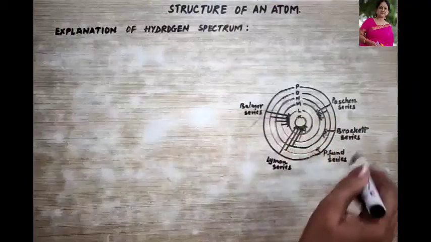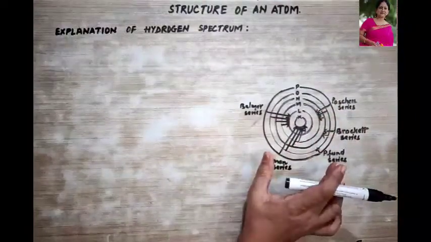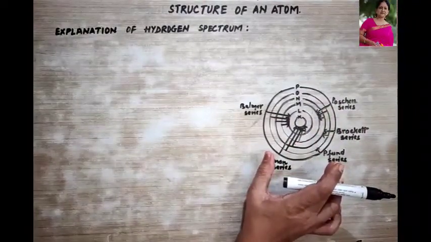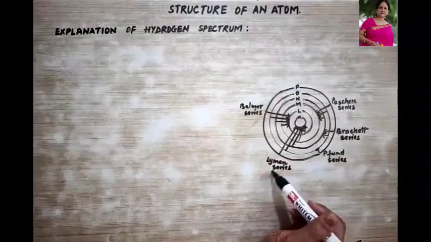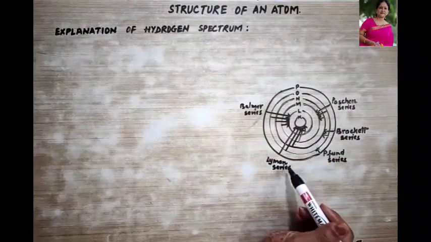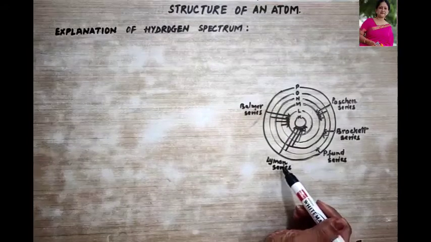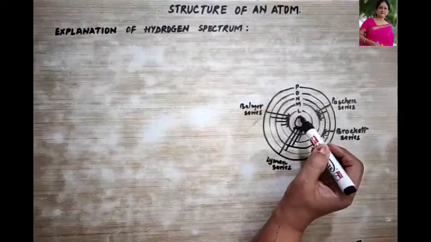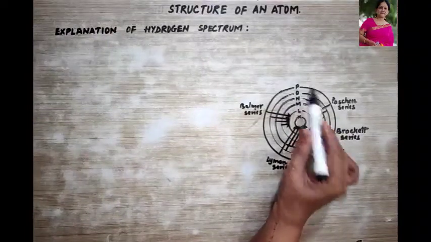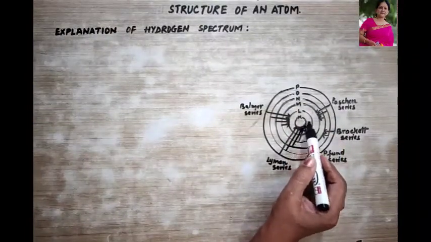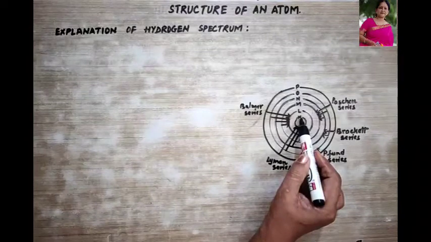Now look at all these series. I have drawn it for you beforehand. Look at the Lyman series first and foremost. It is formed when the electron returns to the lowest. Now I have marked it over here, K, L, M, N, O, P. So which is the lowest orbit? K is the lowest orbit.